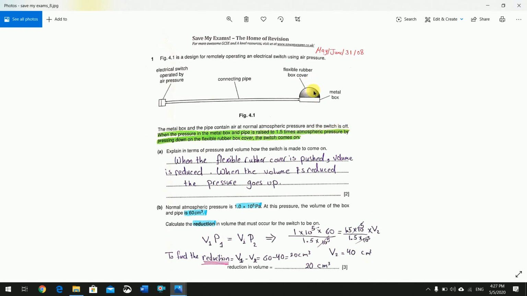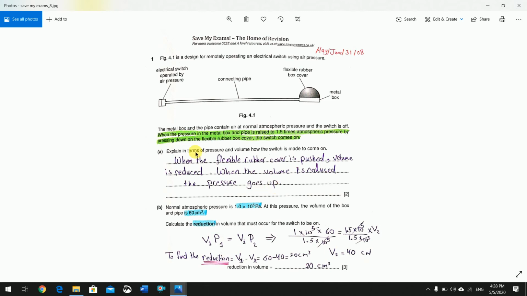When the pressure in the metal box and the pipe is raised to 1.5 times the atmospheric pressure, how can you do this? By pressing this rubber box cover, so the switch comes on. If you don't, it turns off.